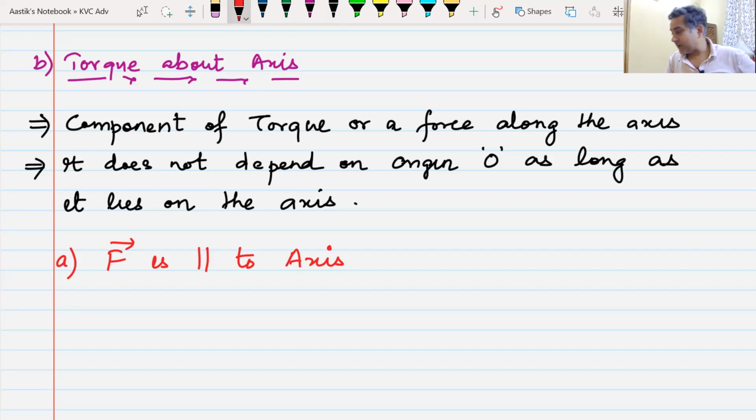Now, if the force is parallel to the axis, this is the axis, and this is the force. They are parallel to each other, anywhere. What will be the torque of this force about this axis which is parallel? Let us say the distance between these two is r.